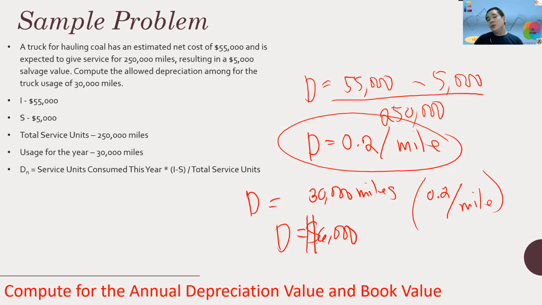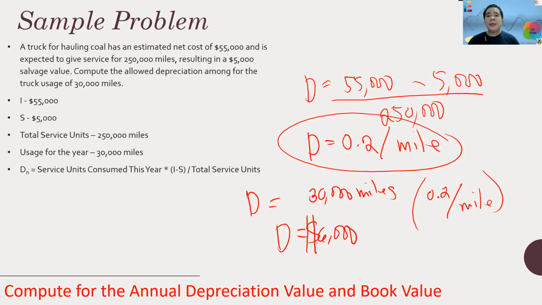So that is based. So for problems, you are actually given the service output on the first 5 years. Say for example, you have a problem of 5 years, but always remember that tax depreciation does not allow depreciation beyond its service life.